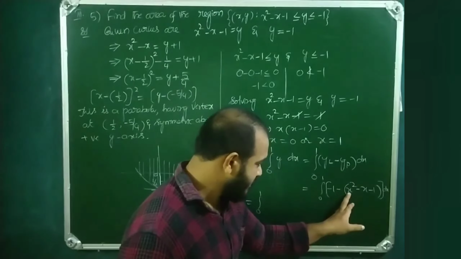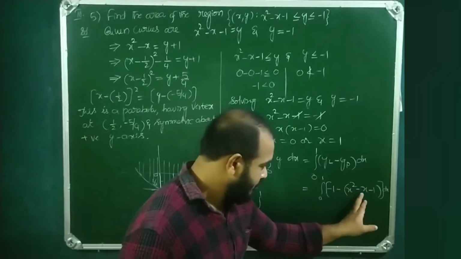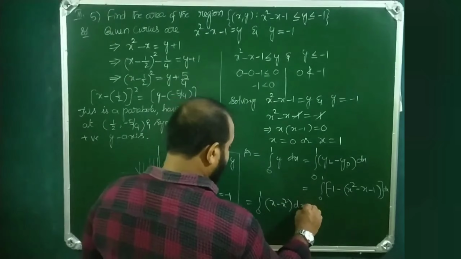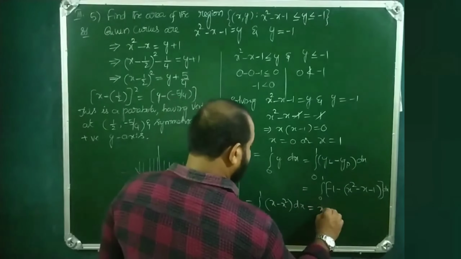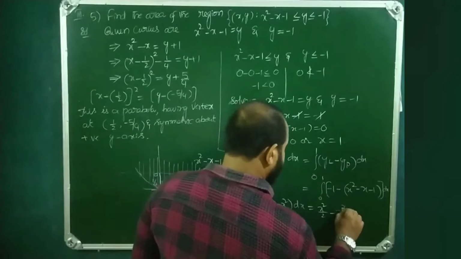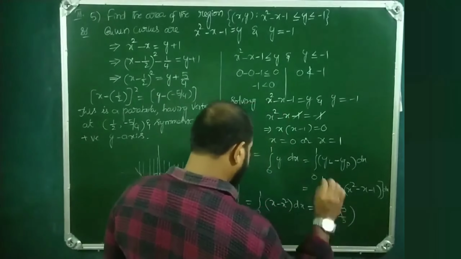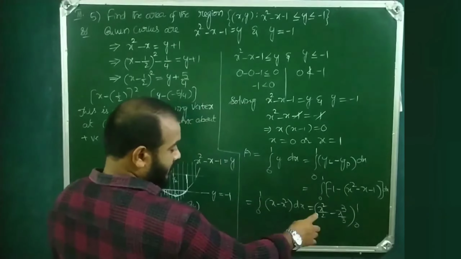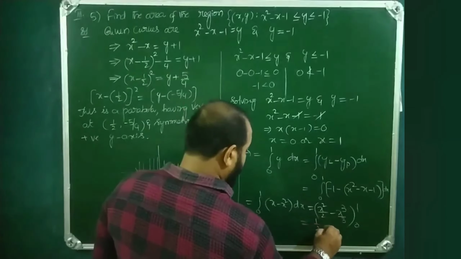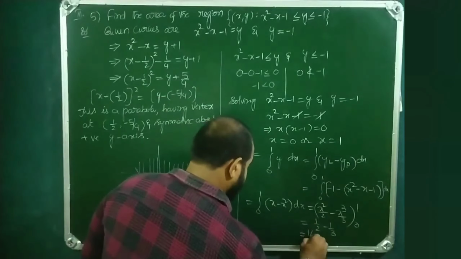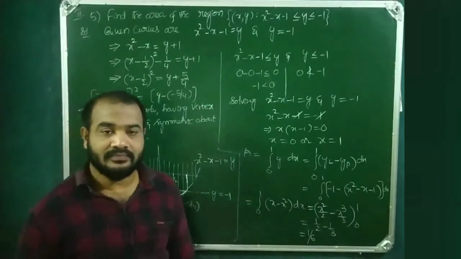So this is minus x square plus x, that is x minus x square dx. Integral x dx is x square by 2 minus integral x square dx is x cube by 3, from 0 to 1. This is equals to 1 by 2 minus 1 by 3, that is equals to 1 by 6 square units.